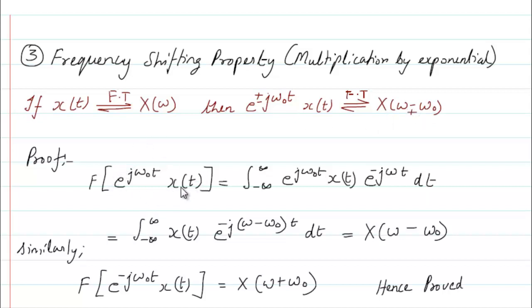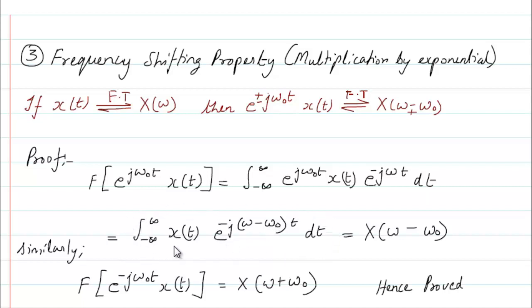So the Fourier transform of any function, you write the function into e raised to power minus j omega t dt. Now here, this and this, both of them, if they are multiplied, we can join them together. That's how we have joined them as e raised to power minus j omega minus omega naught t. Now what is this whole equation?